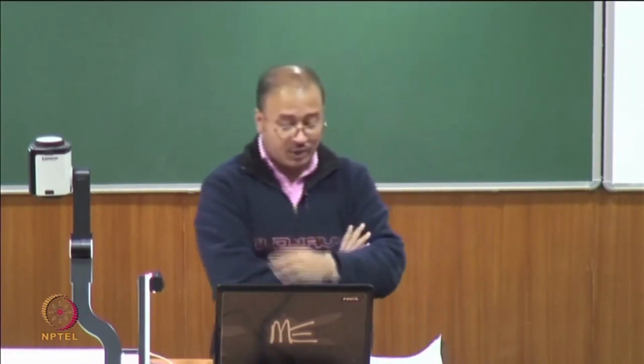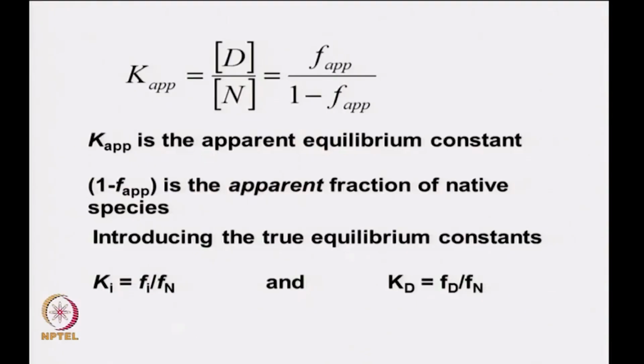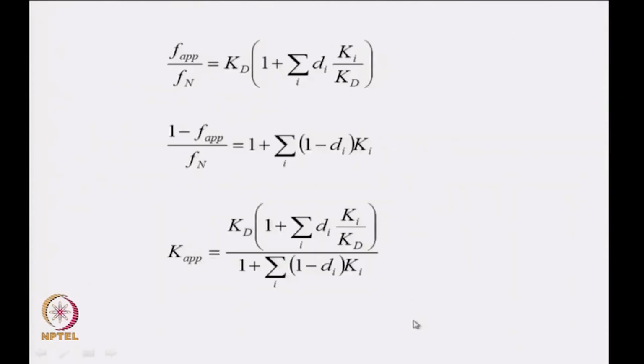So, what is K I for me? K I is the fraction of the ith species, which is the intermediate, over f of N, and Kd is defined by the denatured fraction over f of N. Okay. So, now you can go through this, and you will get a host of relations like this, right.